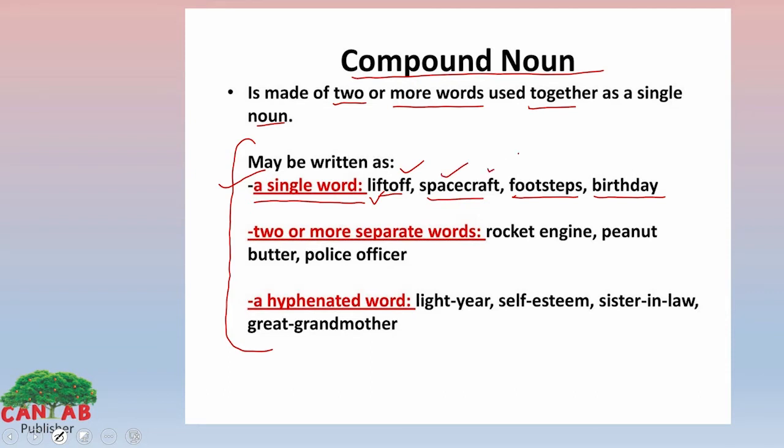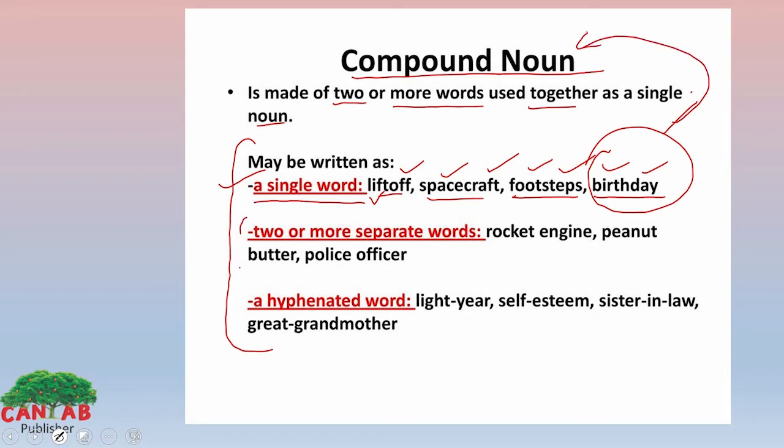Spacecraft, footsteps: foot is one word and steps is another word. Birthday: we are using two words together to create a single noun, and it is called a compound noun.